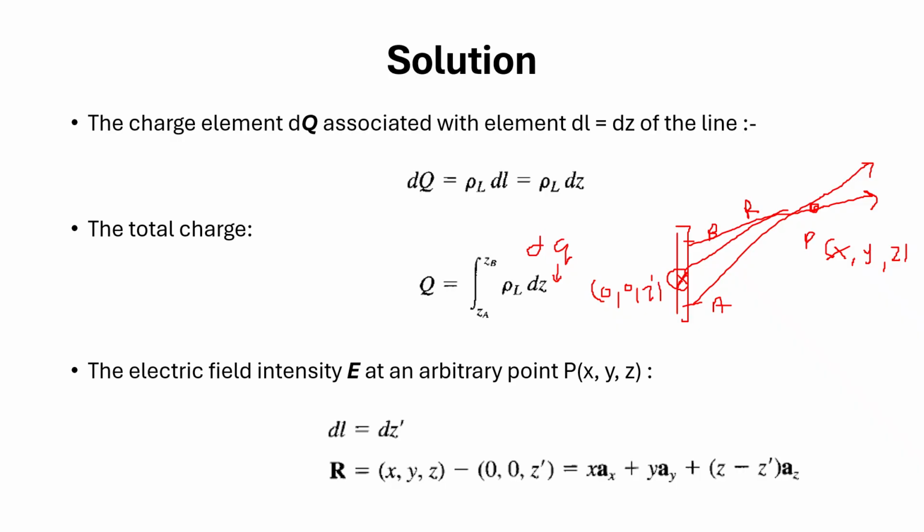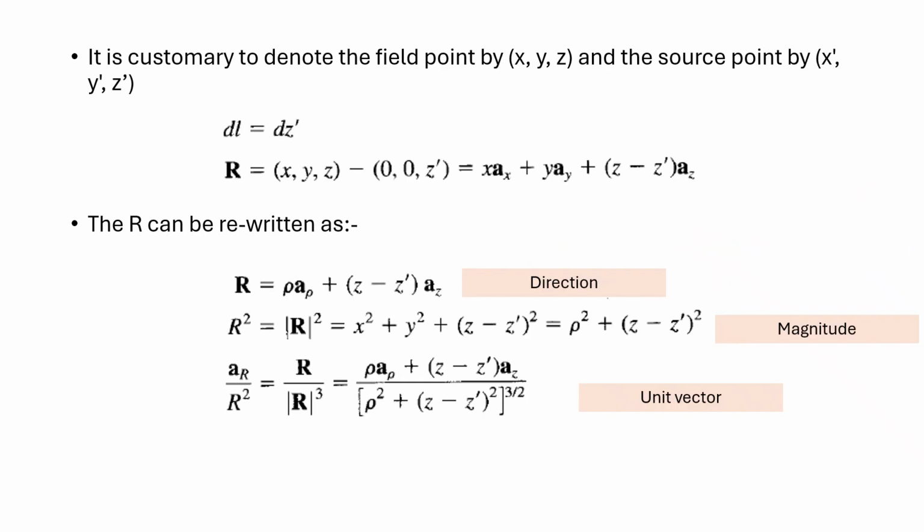The coordinate at the center gives x times x vector plus y times y vector plus z minus z prime times z vector. What you solve here is the vector.